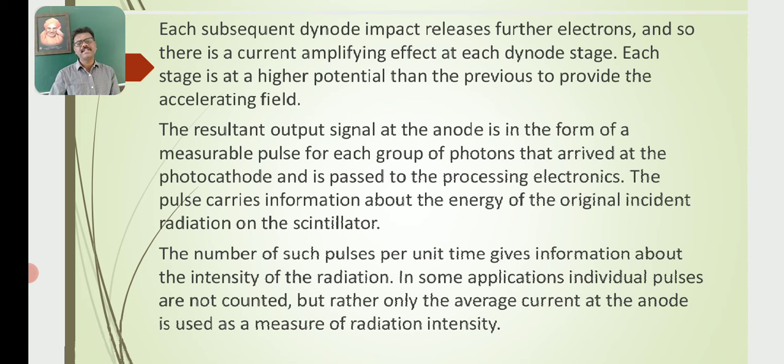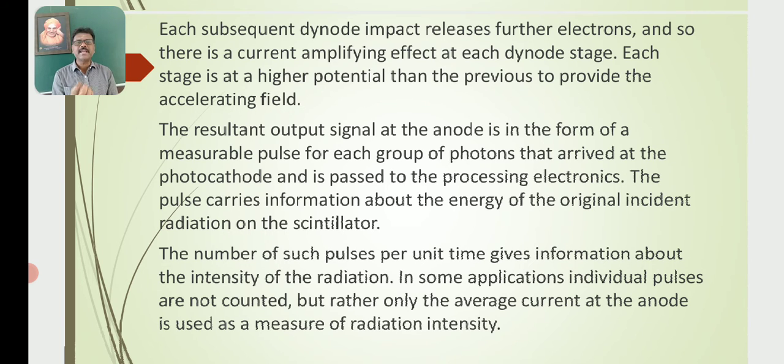So here the dynodes are used to produce more and more electrons. They are used for amplifying the current. Then the resultant output signal at the anode is in the form of a measurable pulse for each group of photons that arrived at the photocathode and is passed to the processing electronics.